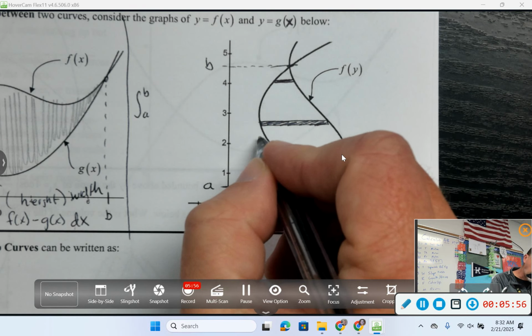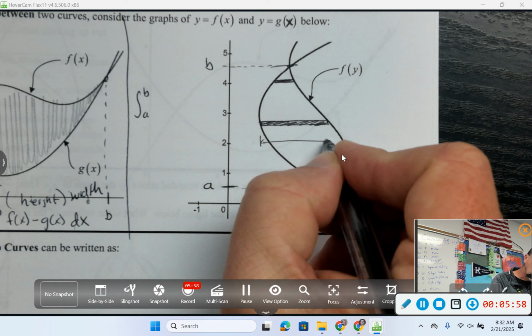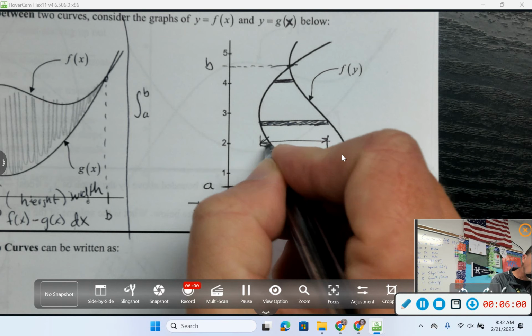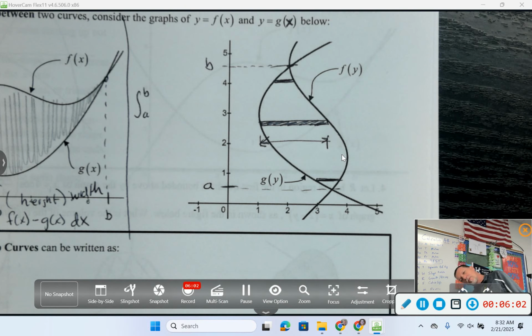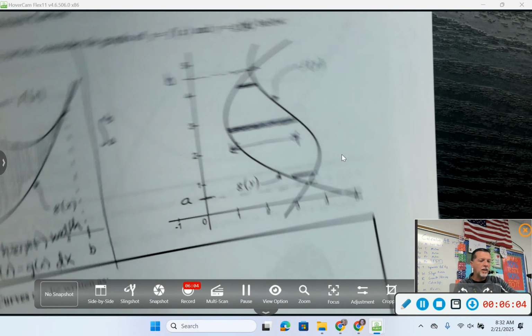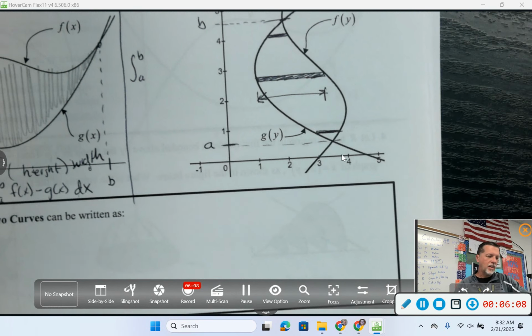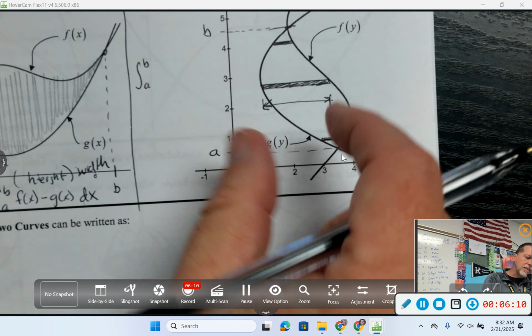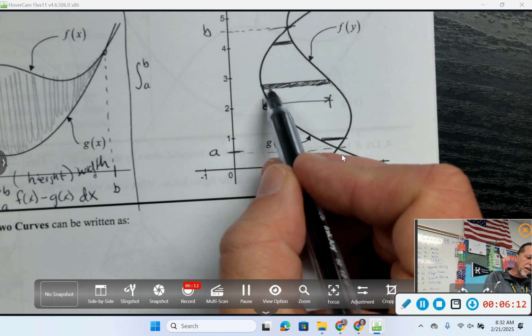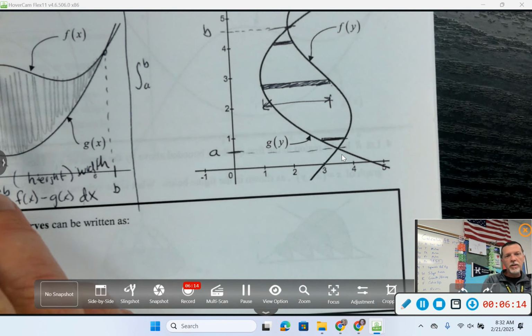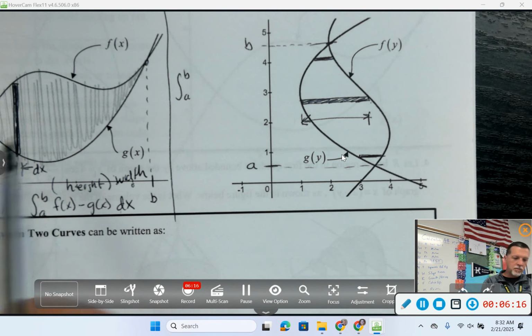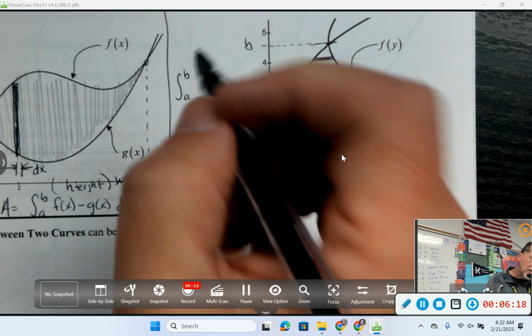So the height of that rectangle, you almost have to turn your head to see it, maybe, if that helps. Turn your paper sideways or your head sideways. The height of that rectangle is the bigger one minus the smaller one. Just like over here we did the top minus the bottom, here we're going to do the right minus the left.